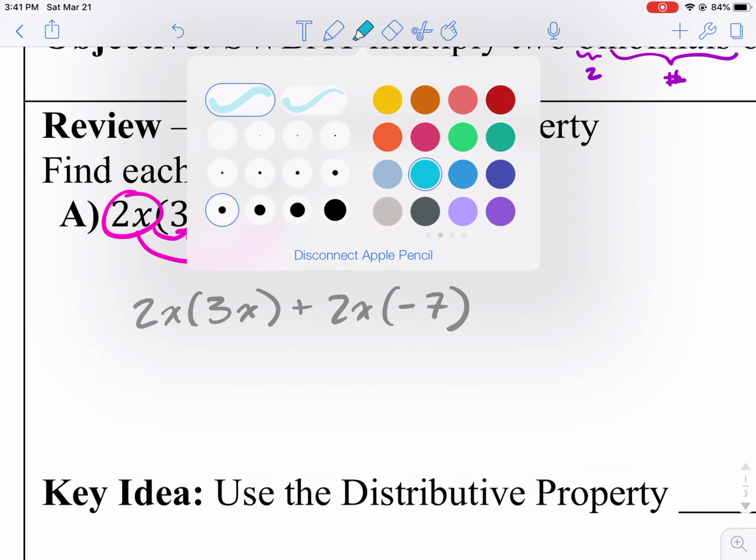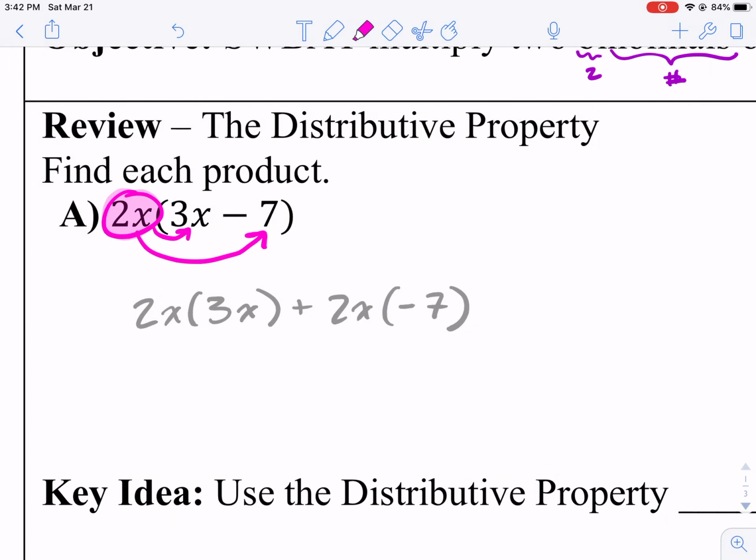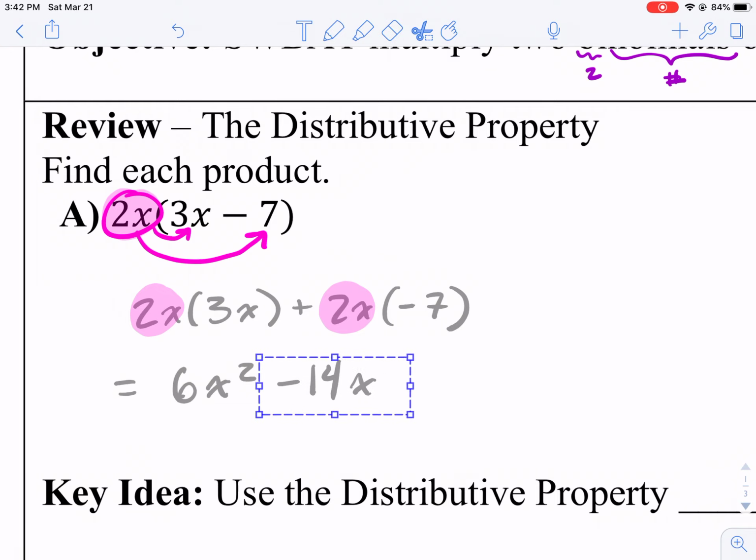See how we took our 2x and we distributed him to multiply times 3x, but also times negative 7. Then we simplify that out. 2x times 3x gives us 6x squared, and 2x times negative 7 gives us a negative 14x. If you would rather rewrite that as 6x squared minus 14x, that's totally fine.